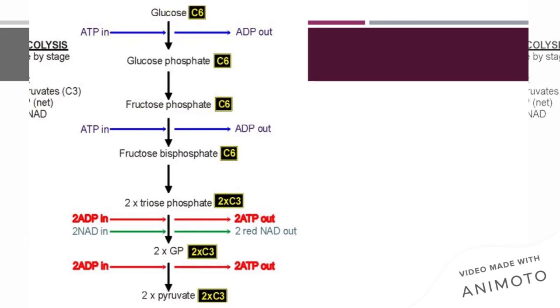All right, so right there we see that is the first phosphorylation. Then, let me start to outline the processes. Let me get my annotation. So right here, all right, we have 1 phosphorylation, to give us glucose phosphate.